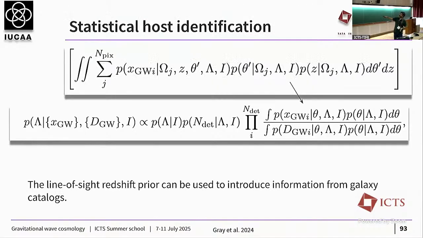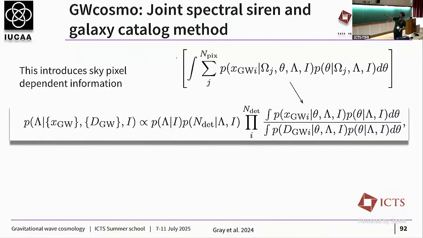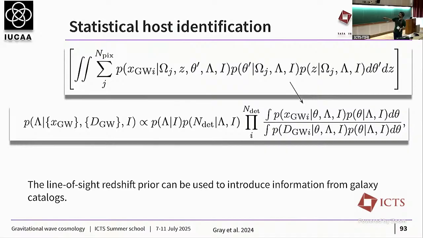So there will be a theta prime and z instead of theta. So instead of this theta here, you have a theta prime and z. So you'll have this xgw, omega j, theta prime z, and lambda and I. Okay, so that's what you see here. Then I should have a p of theta prime comma z given these parameters, and I'm saying that these are independent of each other.